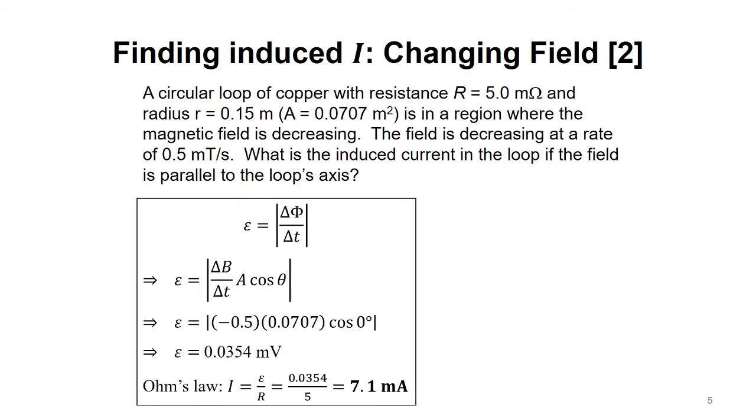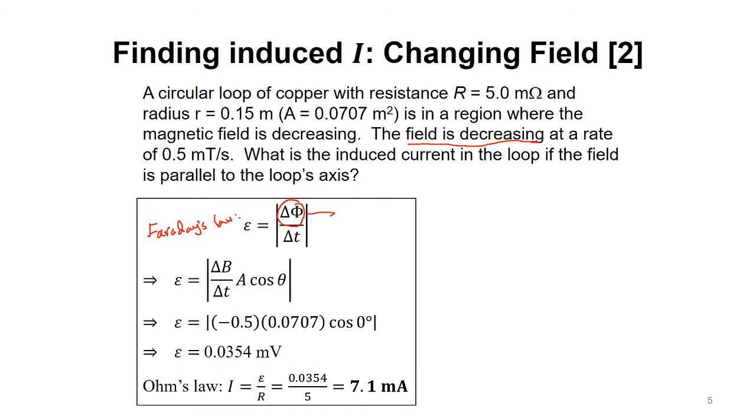Okay, let's continue. So this is what we do. We use Faraday's law. EMF equals delta phi over delta T. How do we find delta phi? Here only one quantity is changing, only the magnetic field is decreasing.